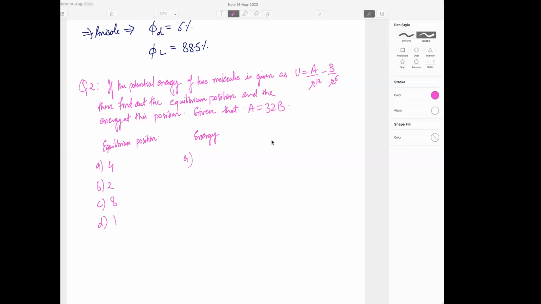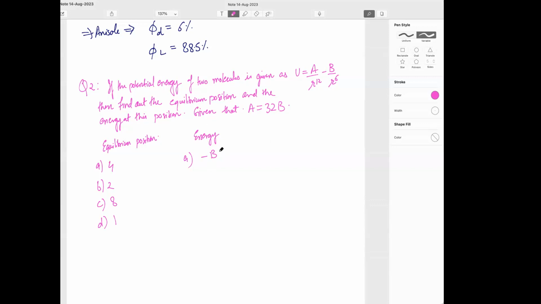Sir, I guess here we have to, can you hear me? Yeah, I'm hearing you. Since A is given as 32B, by converting all the terms in B and R, we need to differentiate minus dU/dR since potential energy is given. Yeah, correct.